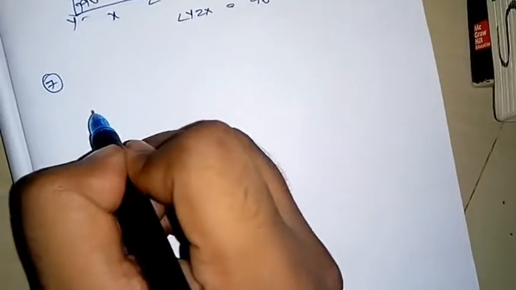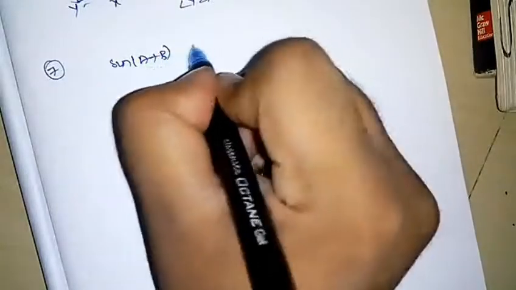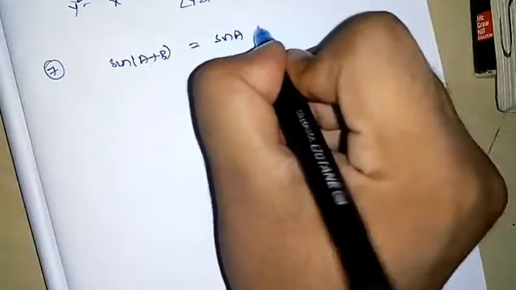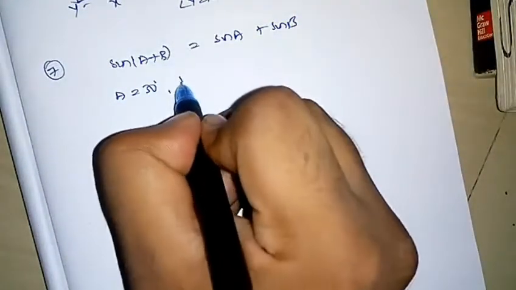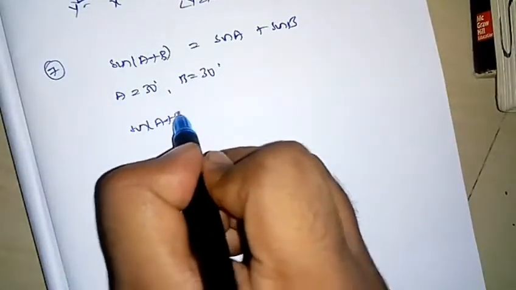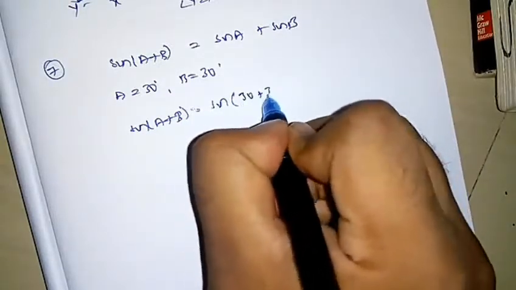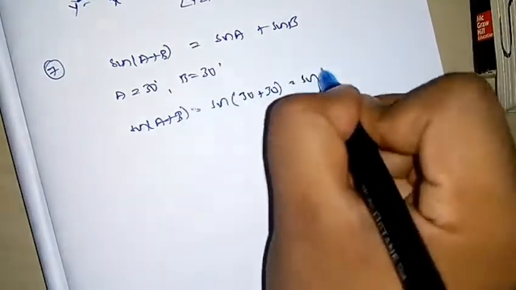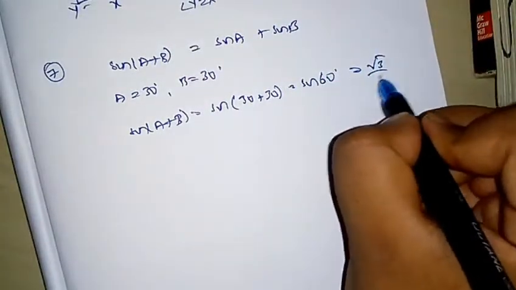Seventh question. Is it right to say sin A plus B is equal to sin A plus sin B? Let's assume A is equal to 30 degrees and B is equal to 30 degrees. So sin A plus B will be equal to sin 30 plus 30, which is equal to sin 60 degrees, which will be equal to root 3 by 2.